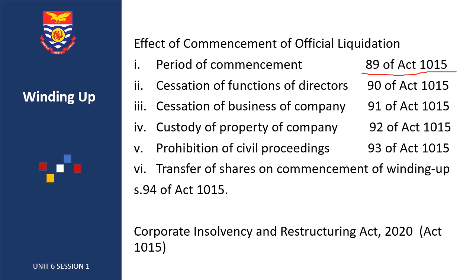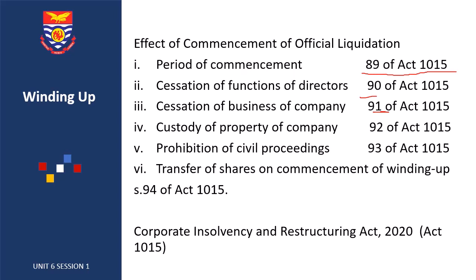Now, section 91 of Act 1015 also deals with cessation of business of a company. The Act provides that when winding up commences, all the business of the company will cease except business that is beneficial to the winding up of the company.